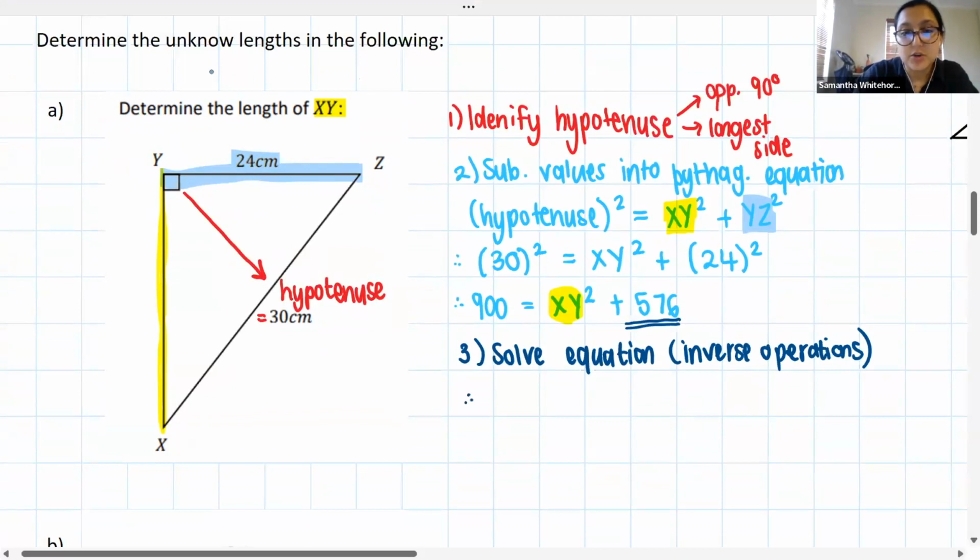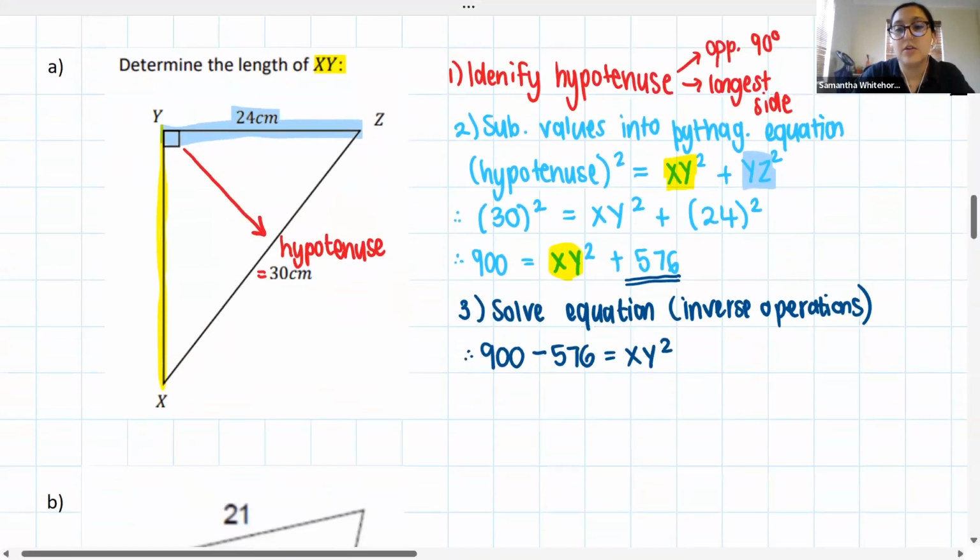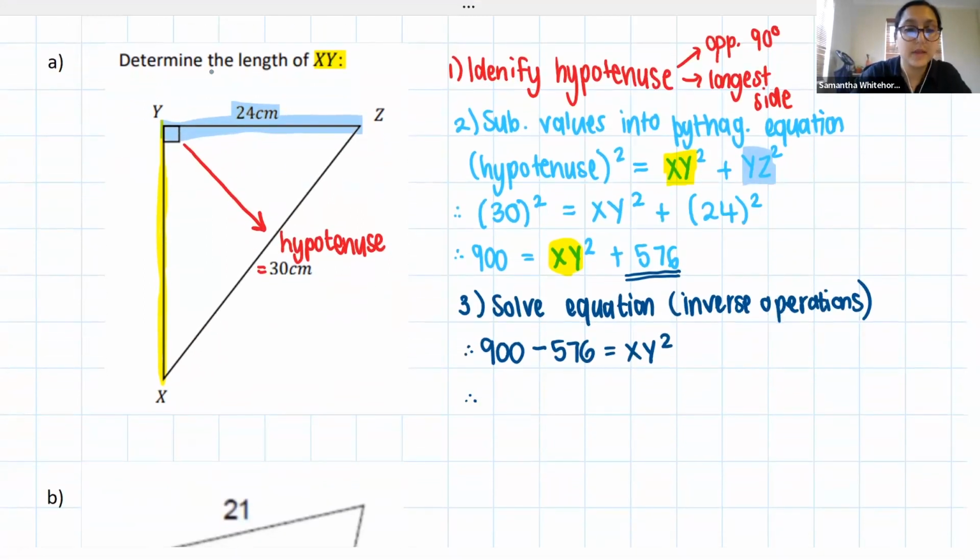So I'm going to subtract 576 on both sides. And that will leave me with just xy squared on the right-hand side. So 900 minus 576 gives me 324 is equal to xy squared.